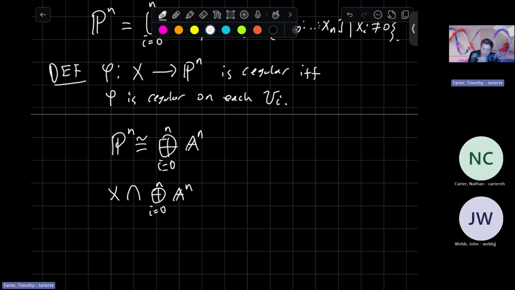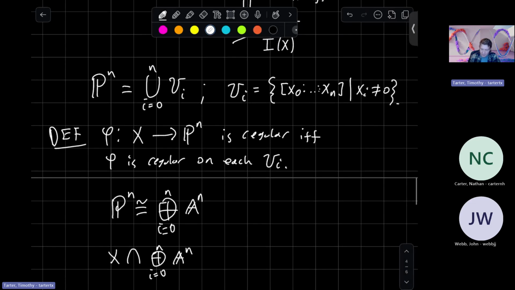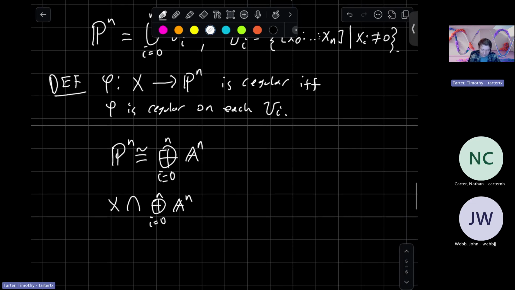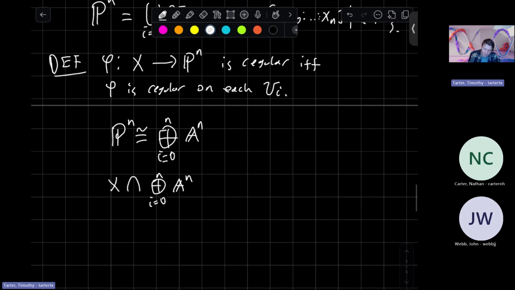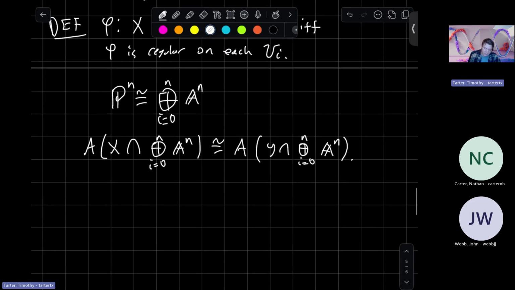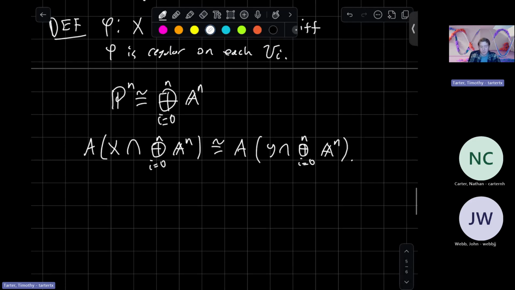And so then the idea is that, I don't know if n is actually the, no, n is the right thing. Basically, we want the coordinate ring, when viewed as a graded ring, to be isomorphic. And this is our idea of an isomorphism of projective varieties.